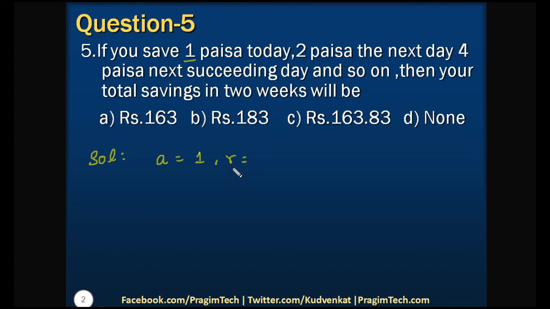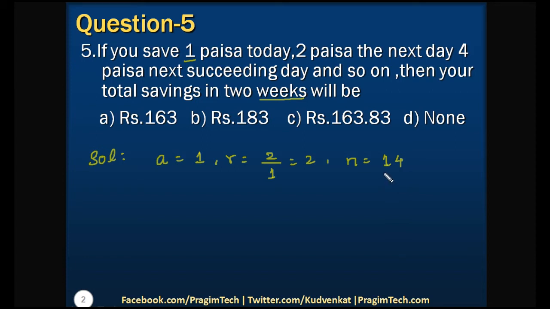So the common ratio is second day savings divided by first day savings, or third day divided by second day, which gives us 2. And after how many days do we have to calculate? It's after 2 weeks. That means n is equal to 1 week 7 days, so 2 weeks it's 14.